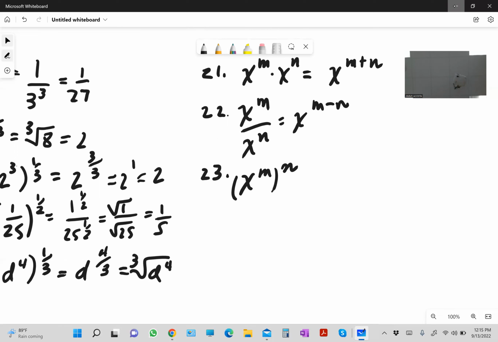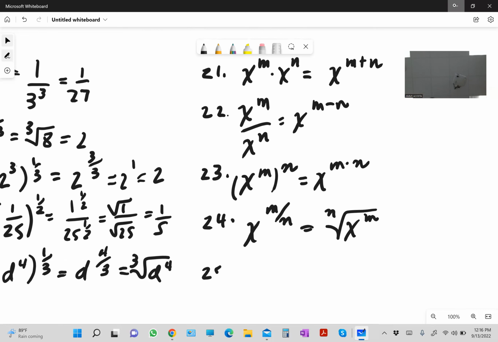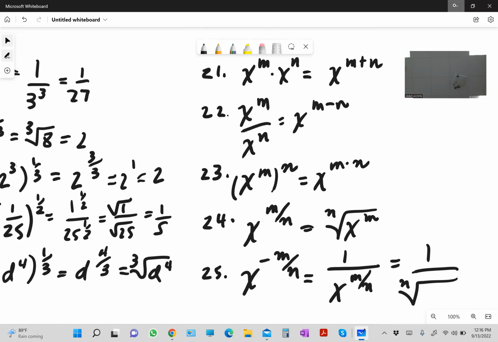Then when you have it raised to the power in parentheses, we're just going to go ahead and multiply the exponents. 24. X raised to the m over n is the nth root of x to the m. 25 x to the negative m over n is the 1 over x to m divided by n, which in turn is 1 over the nth root of x to the m.